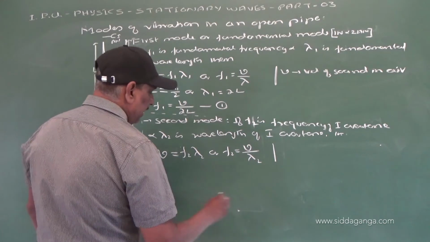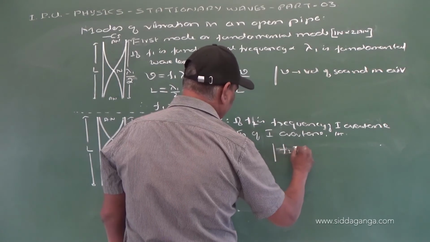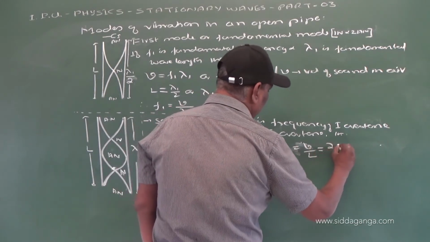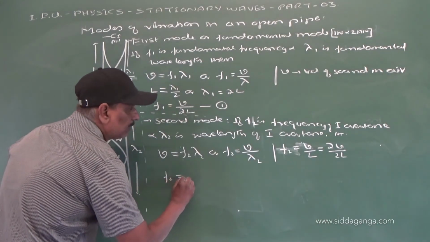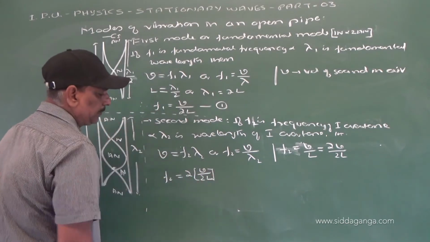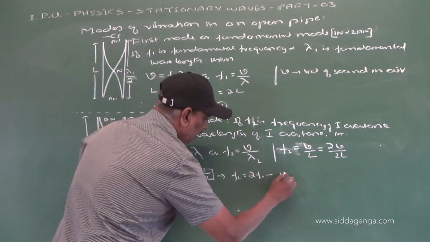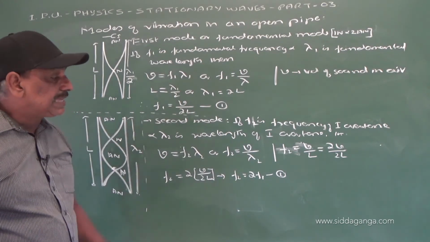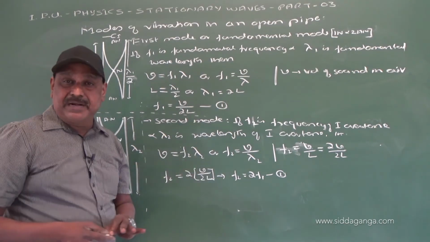Therefore F2 is equal to V by L, or equal to 2V by 2L. That means F2 is equal to 2 into V by 2L, that is, F2 is equal to 2 times F1, equation 2. That means the frequency of the first overtone is 2 times the fundamental frequency.